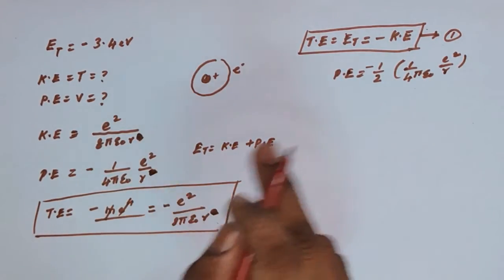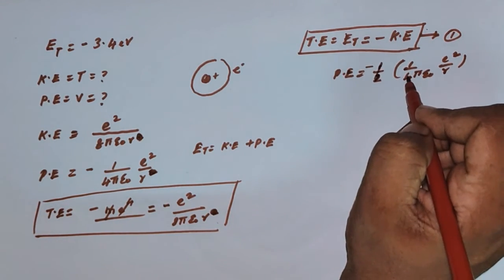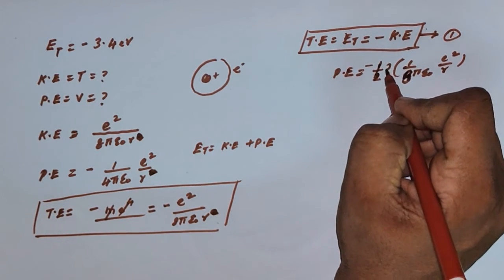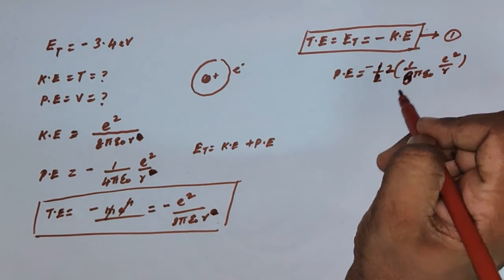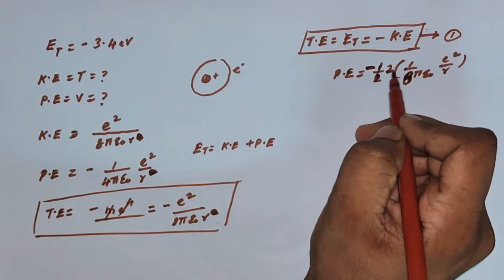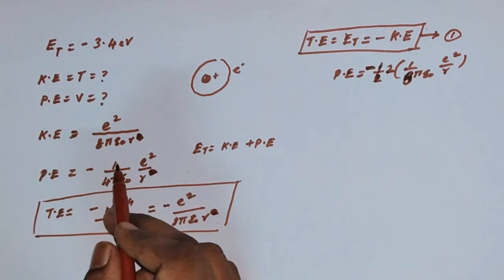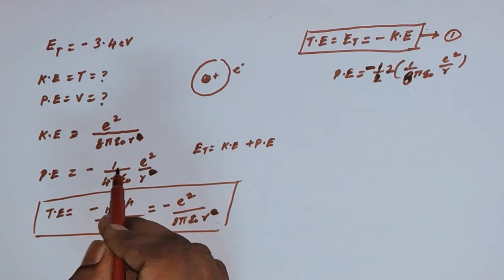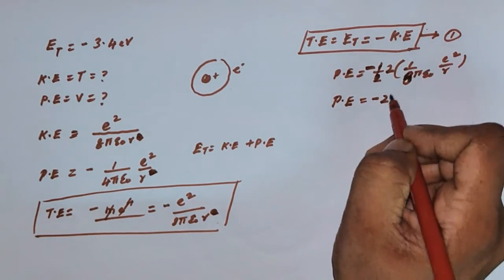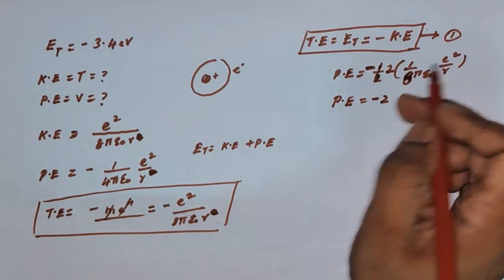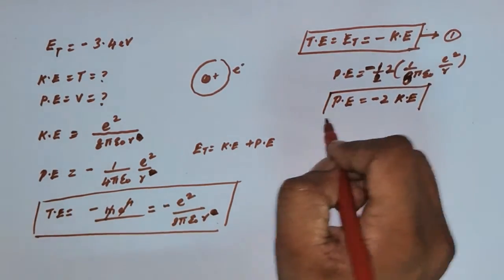Writing 1 by 8 as 1 by 2 times 1 by 4 and dividing, we arrive at minus 1 by 4 pi epsilon naught e square by r. Hence the potential energy can be represented as minus 2 times the kinetic energy. These are the two relations we need.